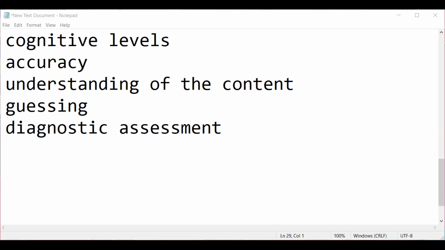And moving to the questions and the knowledge dimensions, factual knowledge, conceptual knowledge, procedural knowledge, especially in yesterday's session, it is clearly discussed, right? But before very long back, I have designed this.